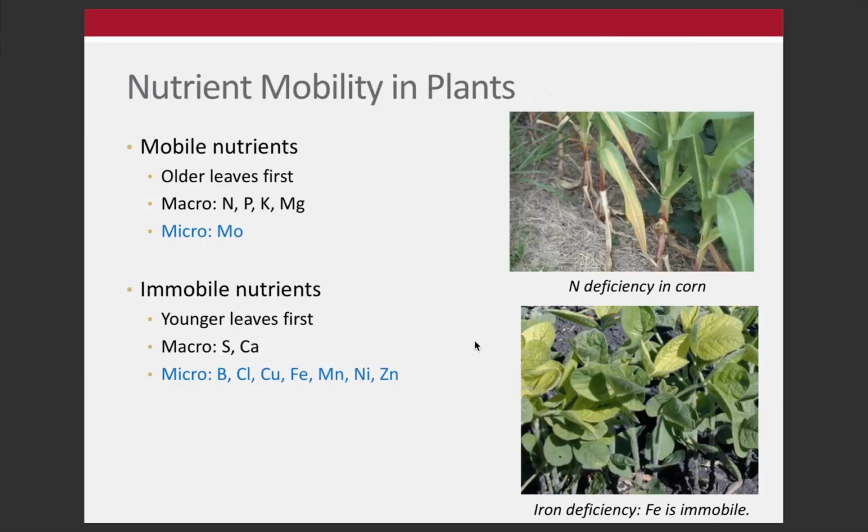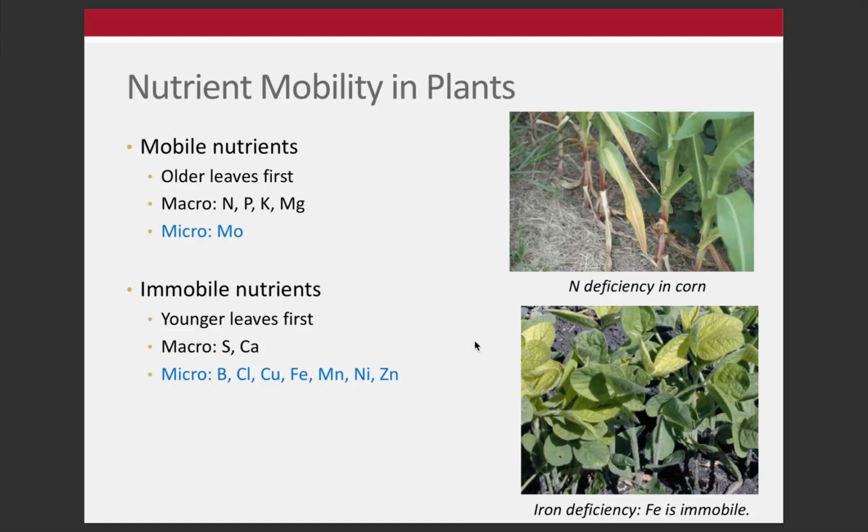Thinking about mobility, another way we can diagnose micronutrient deficiency is this binary of whether it is a mobile or an immobile nutrient in plants. The micronutrient deficiency that occurs in older leaves first is primarily molybdenum, and everything else occurs in new leaves because those are immobile nutrients.